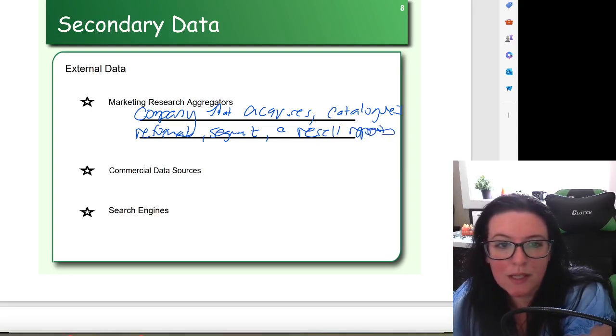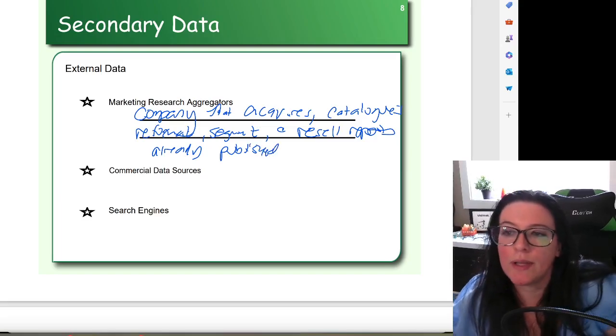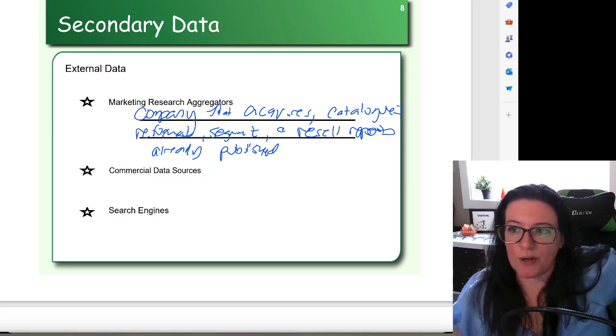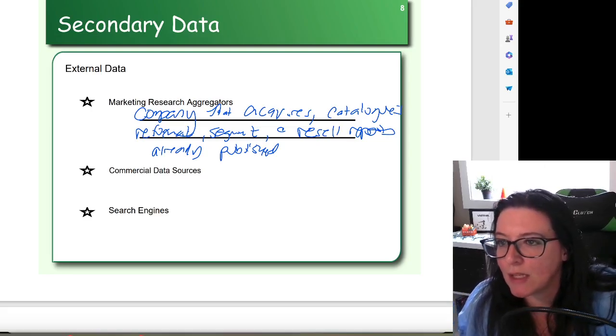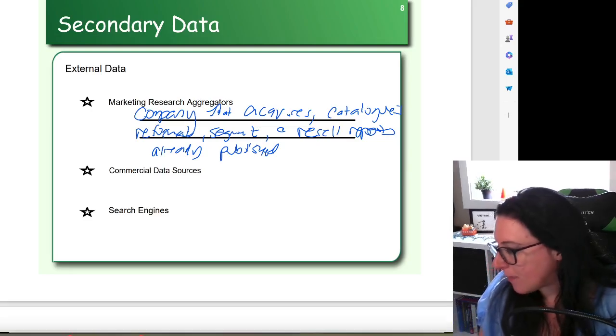So in other words, they're pulling all this information together, but it is information that has already been published. And what they're doing is making it accessible, pulling it all together in a location for you. So a company that acquires, catalogs, reformats, segments, and resells reports that have been already published.